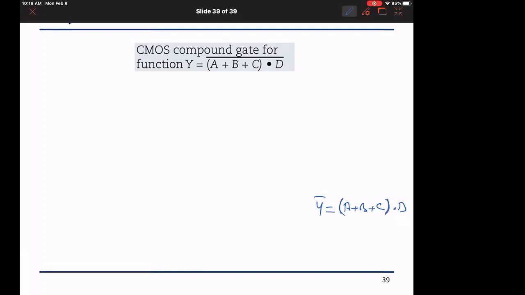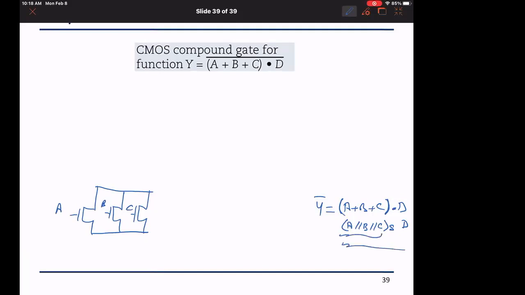So I will have A parallel to B parallel to C, and this whole block is in series with D. And then this is my full pull down. It should be between ground and out. So this is my pull down network.